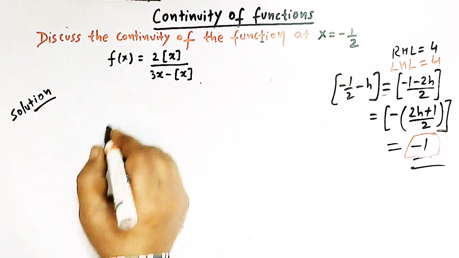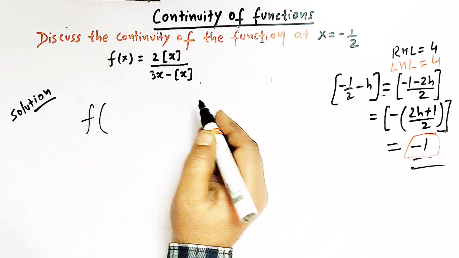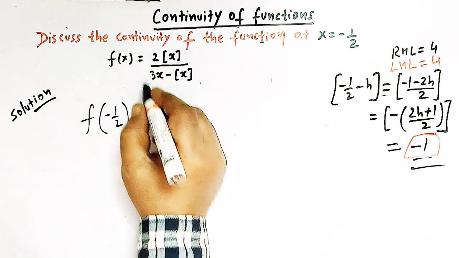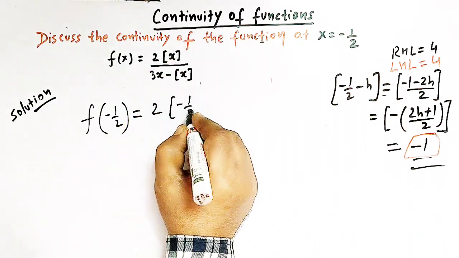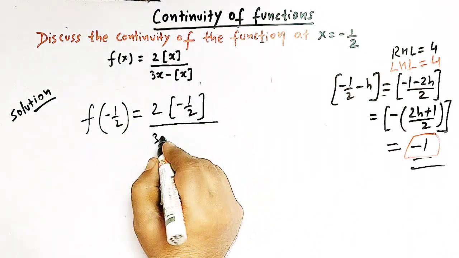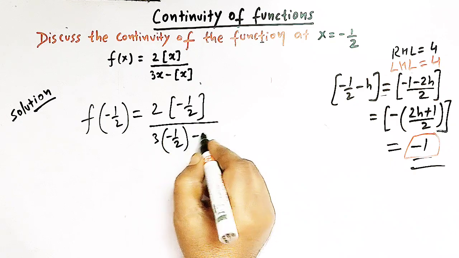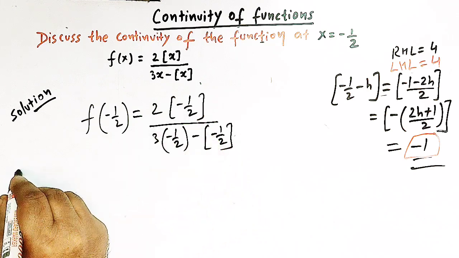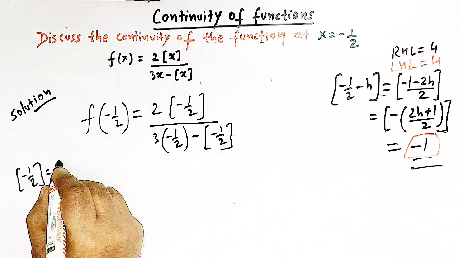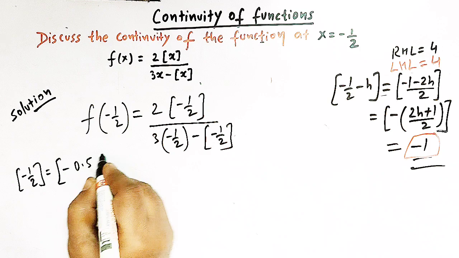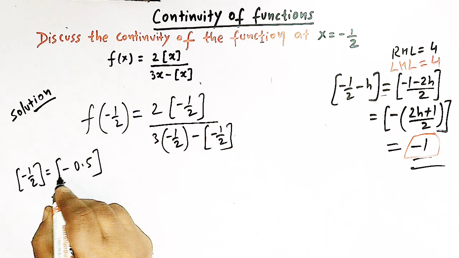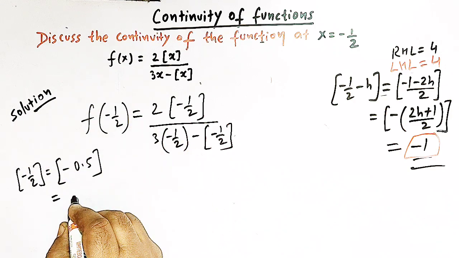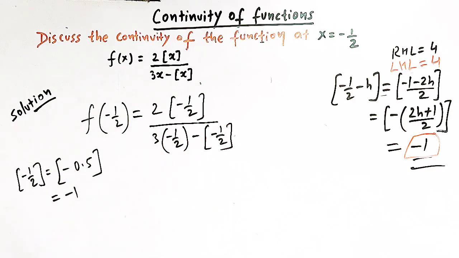So now let us find the value of the function at this point, that is minus half, right? So we have 2 times minus half, and then we have 3 times minus half, and here we have the greatest integer of minus half. Now the greatest integer of minus 0.5, due to the definition of greatest integer function, is minus 1.